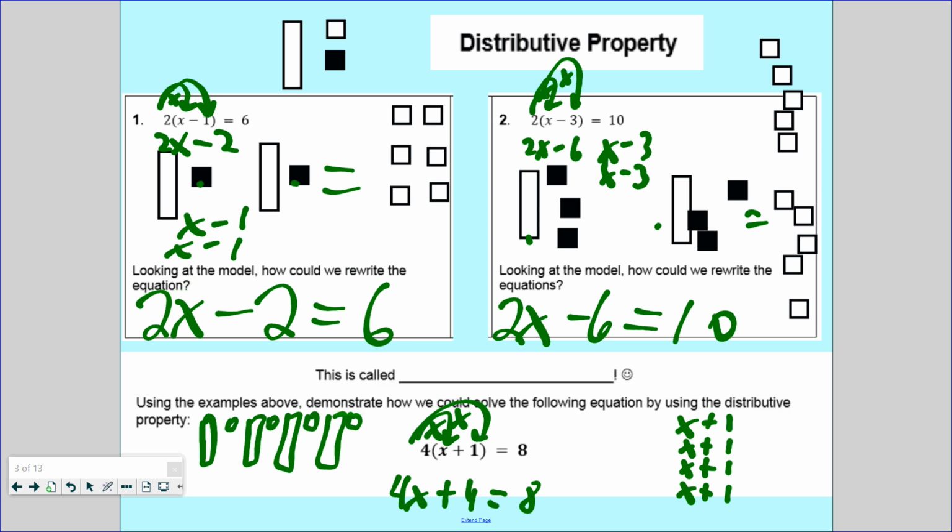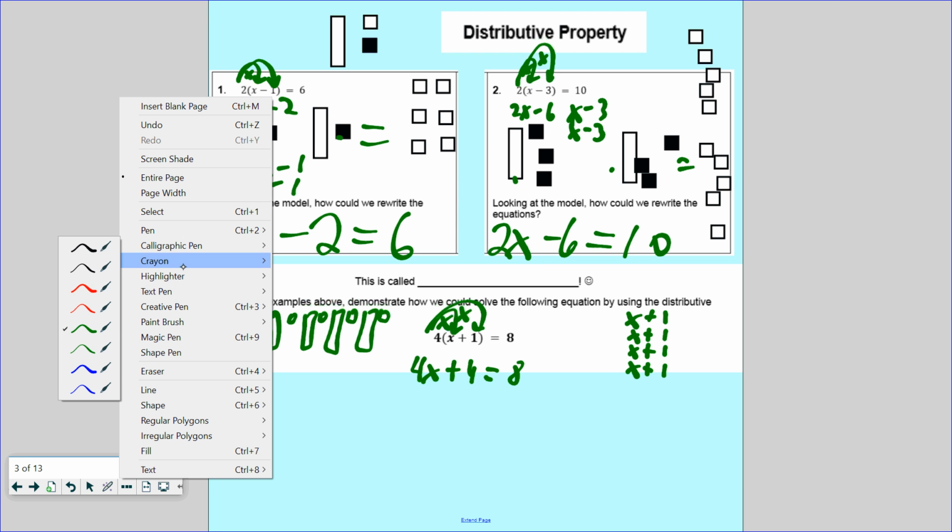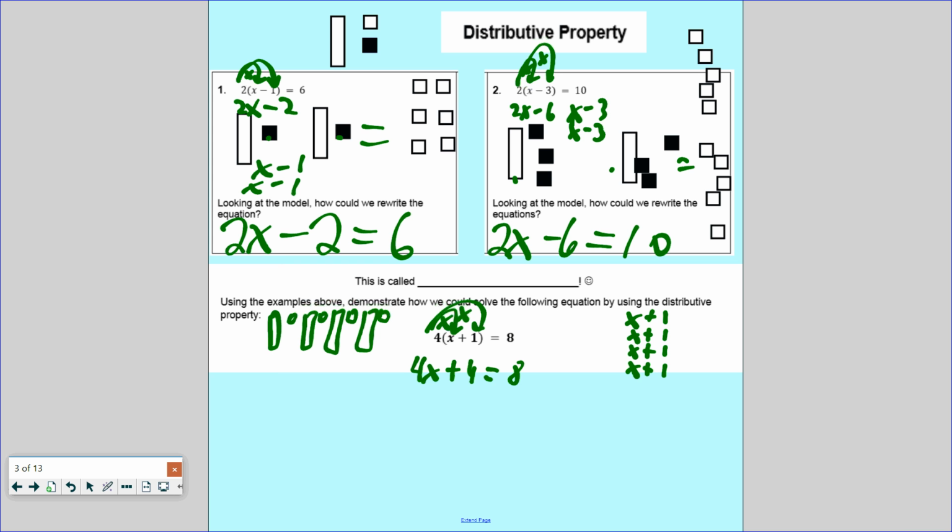Do we know how to solve this type of question? Yes, we can. So let me use a different pen color. How can I isolate x? What is the inverse of plus 4? Minus 4. Minus 4. I balance it on the other side. This cancels out. 8 minus 4 is 4.